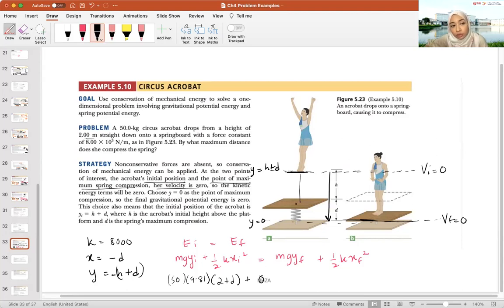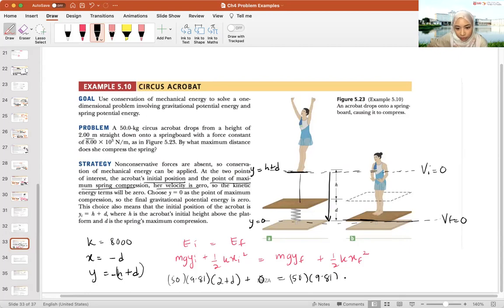So we are going to assume it is in equilibrium. Therefore, the x is just 0. Even though this acrobat is in the air, the spring is not affected. The spring is like, yeah, go on, just jump. It's not affected at that point. But once he has jumped and hits the spring, then it is affected, and then we think about what happens to it. So that is m 50.